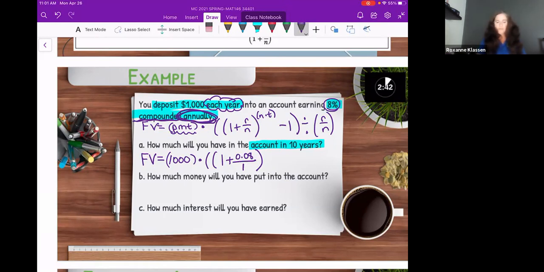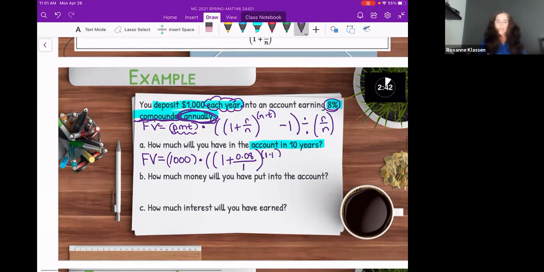Excellent. Okay, so then up here, I already know that n was 1. What is t in this problem? Zevi says 10. And it's 10 because it says 10 years. Remember, the t is time in years.